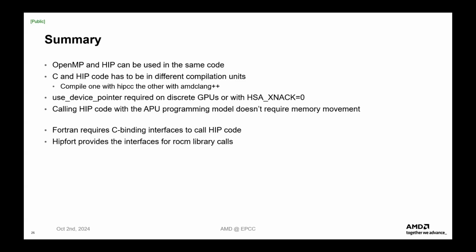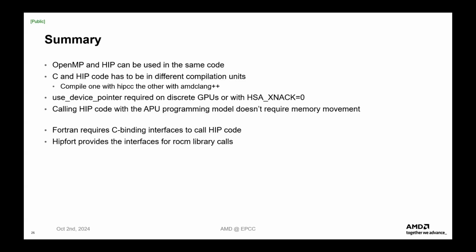You have to be careful to use device pointers for discrete GPUs, or when you use HSA_XNACK=0 on MI300A. When you want to call HIP code with the APU programming model, that doesn't require all this memory movement, so that's very easy to do. In Fortran, you need the C bindings to call HIP code, but hipfort provides them for you if you use ROCm libraries in your Fortran code.